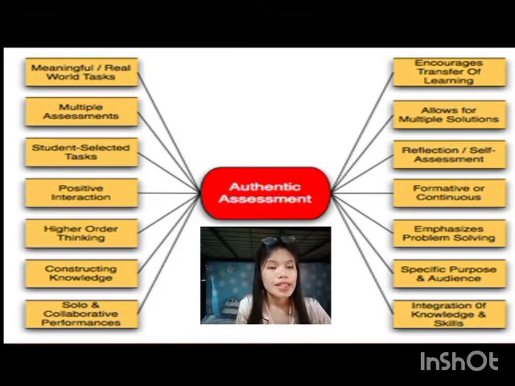First, authentic assessment has a meaningful or real-world task. It is where students are required to do the subject, as authentic assessments are allied to a real-world context and constraints. It allows students to feel, think, and act like they are in a real-world situation, just like those experiences and tasks being encountered by practitioners of a specific field.